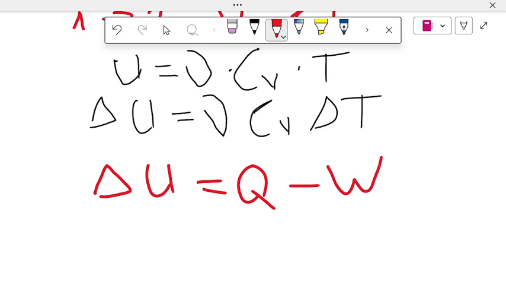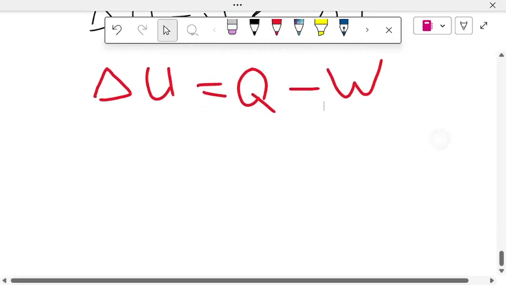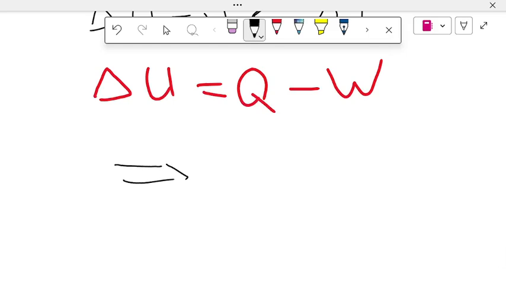What does heat minus work mean? Let's say we have a steam engine train. Okay, so it has an internal energy, that is Joule.